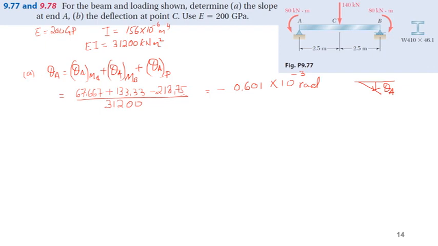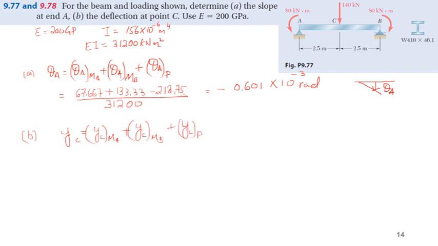Okay. Now part B, we already calculated the deflection. So the deflection yC is equal to yC due to moment about A plus yC due to moment about B plus yC due to load P.